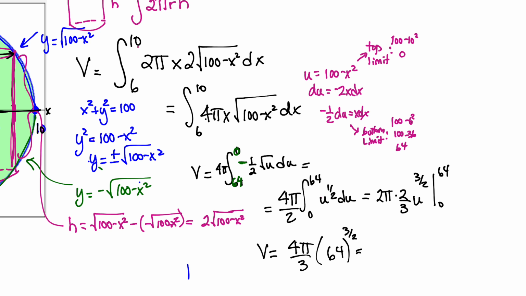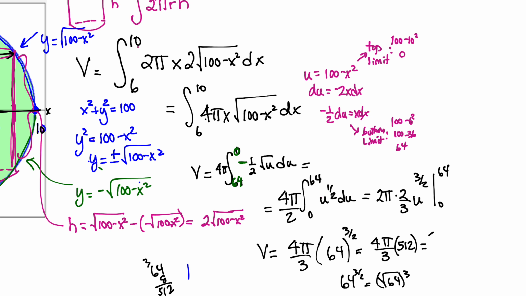I'm getting 64 to the 3/2 times 4 pi over 3. And 64 to the 3/2 is the same thing as the square root of 64 cubed, which is 8 cubed, which is 64 times 8, which is 512. 4 pi over 3 times 512. 3 does not go into 512.